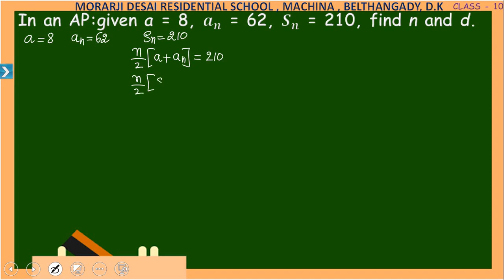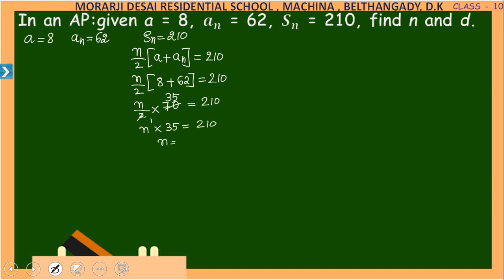What is a? a is 8, an is 62, that is equal to 210. So n by 2 into 62 plus 8 is 70 is equal to 210. 2 ones are 2, 35s are 35. So n into 35 is equal to 210.